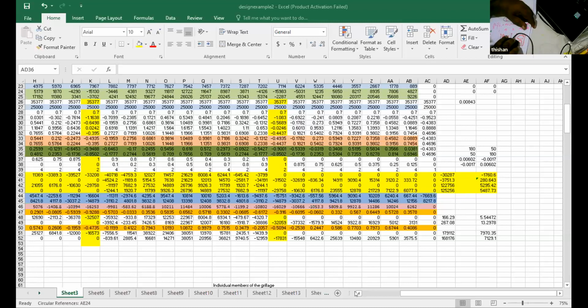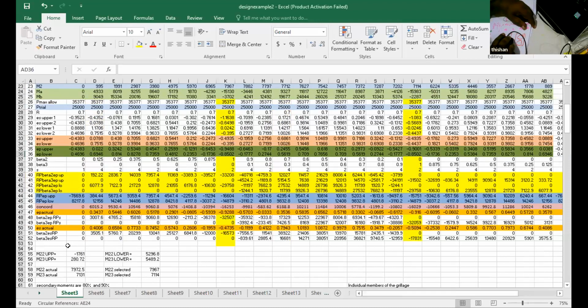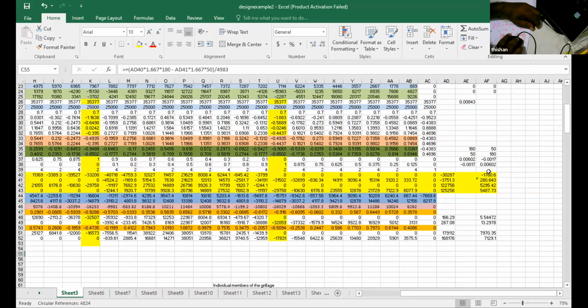And if I come here, you can see I have got these values 1761 and 280, and they have come from, right, I have actually calculated them. Here again you can see I have calculated those values.